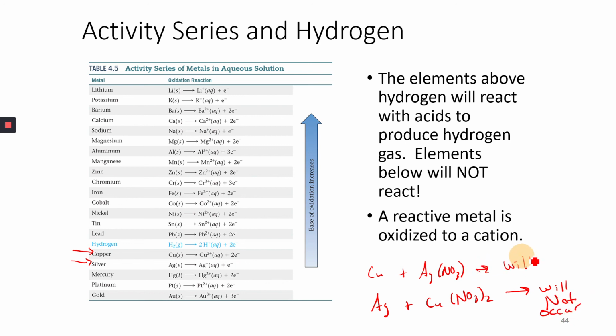This will react. Also, if you're putting metals and acids, so here we have hydrogen. If your metal is higher than hydrogen on the activity series, it will react to produce hydrogen gas. It will react and it will bubble and produce hydrogen gas.